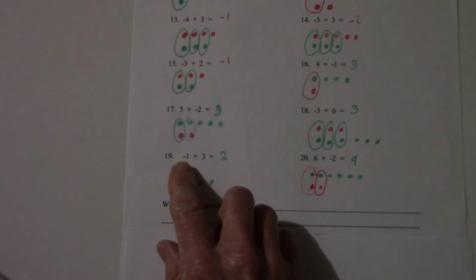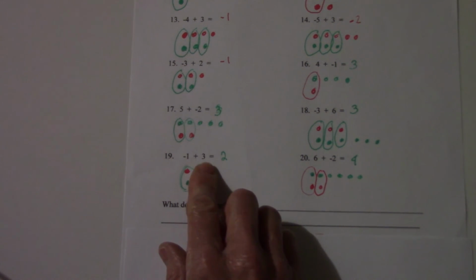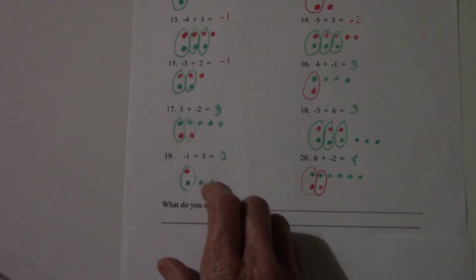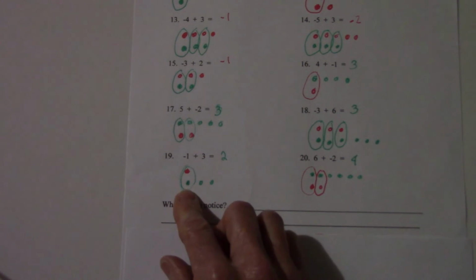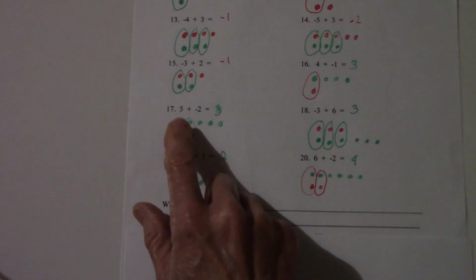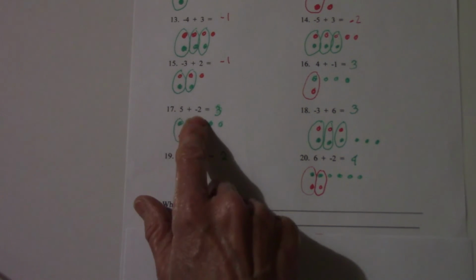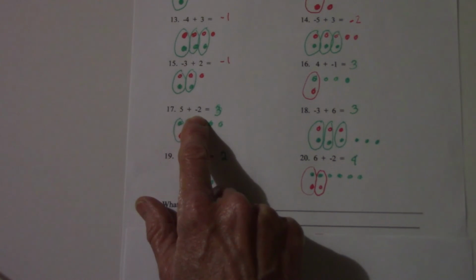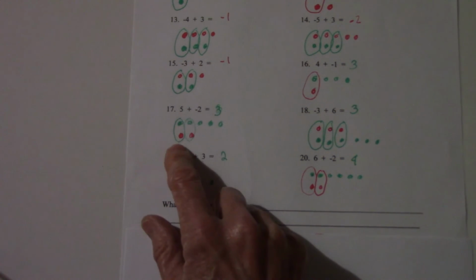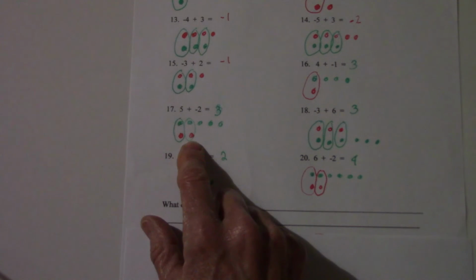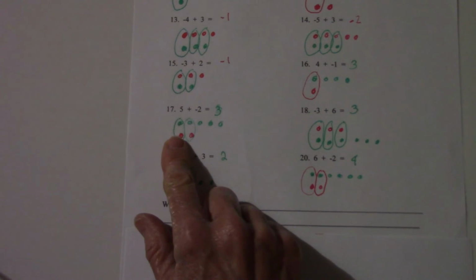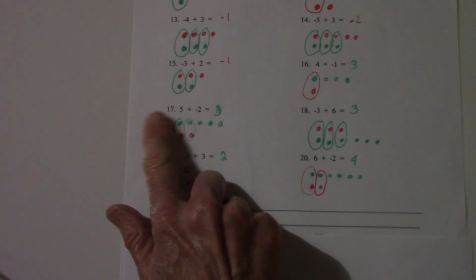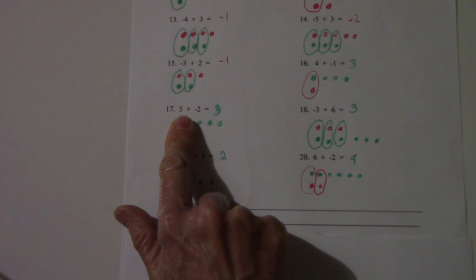When the signs are different, a negative 1 and we have a 3. The signs are different, but between the 3 and the 1, this 1 is smaller. There's 1 0 pair. Just looking at the numbers, the signs are different. The number that we have fewer of, like we have fewer negatives in this problem. So because there's 2, we have 2 0 pairs. So when we take those 0 pairs away, we're left with 3.